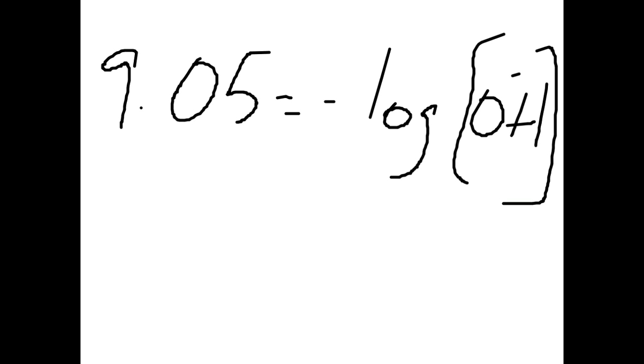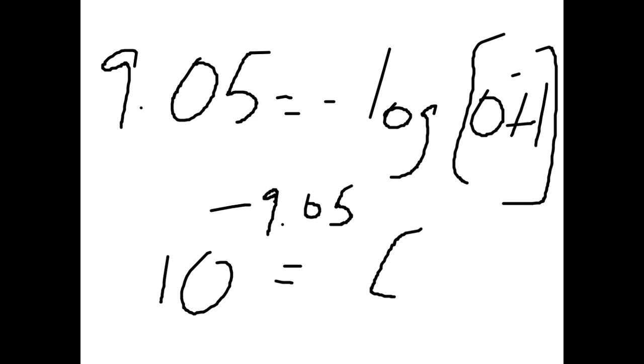Yes, and then you say 10 to the negative 9.05, which you have to solve though. What is that weird number, Brianna? 8.91250938. Yeah, but I don't want all those.